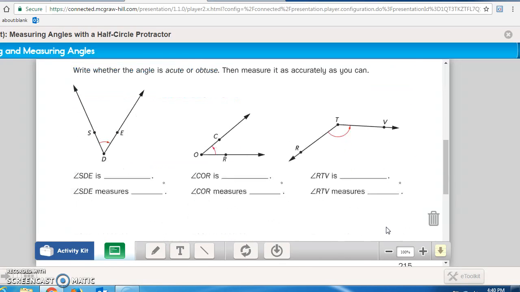Finally, at the bottom of this page, it says write whether the angle is acute or obtuse. Those are your only two options. And then measure it as accurately as you can and write it on the line. Pause the recording now, finish page 216, and when you've completed it, please bring it up to me so that I can check to make sure that you did it correctly.